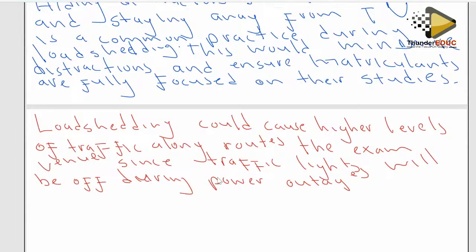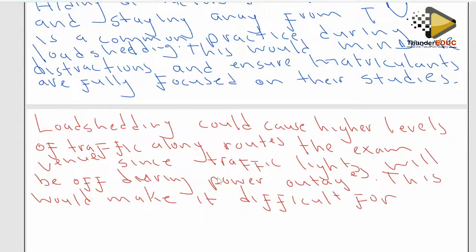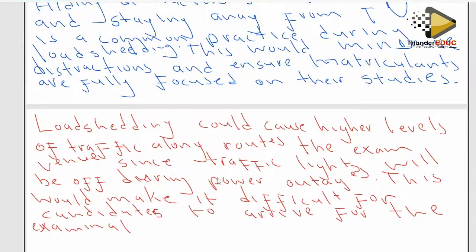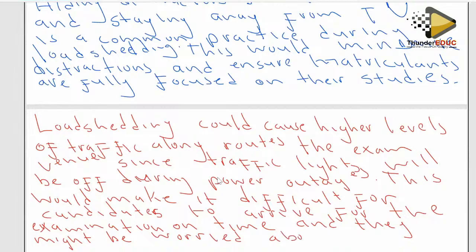This would make it difficult for candidates to arrive at the examination center on time, and they might be worried about not finishing on time.